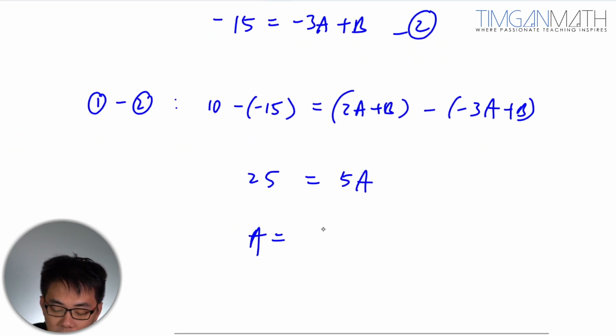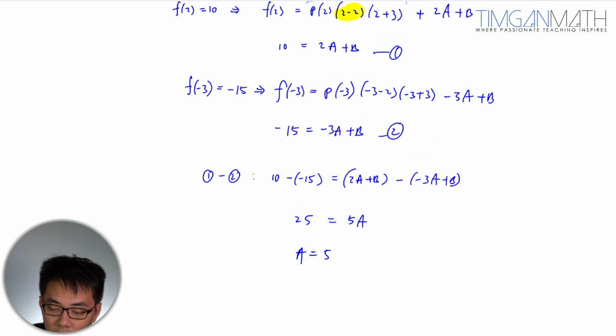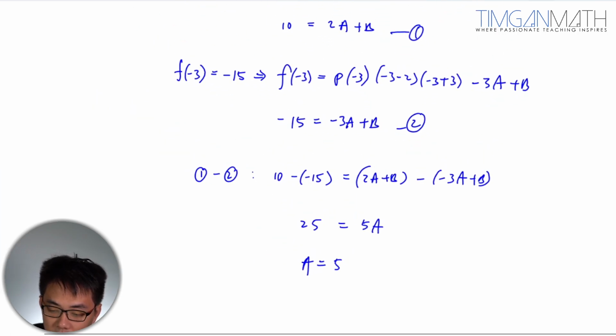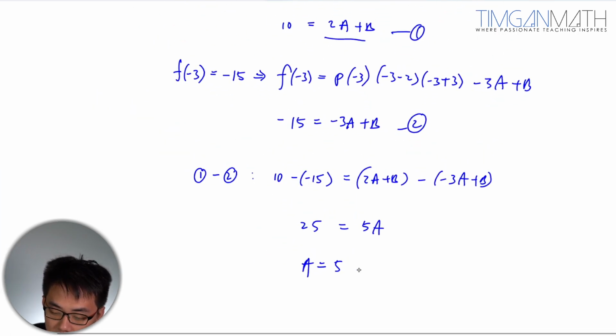So a will just be 5. Then we replace this into the equation here. 10 equals 2 times 5 plus b. So this will give us b equals 0. Hence, a equals 5, b equals 0.